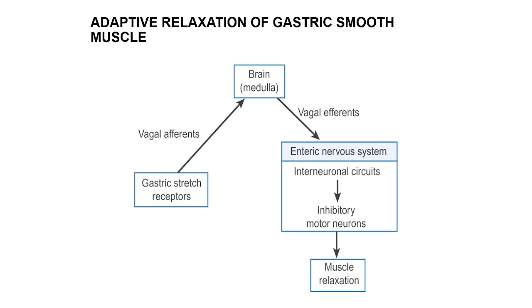We already talked about receptive relaxation of the stomach, which follows swallowing and opening of lower esophageal sphincter. Stomach relaxes, that's receptive relaxation. But then as the food keeps coming into the stomach and stretches the stomach, it's adaptive relaxation to adapt for the food.